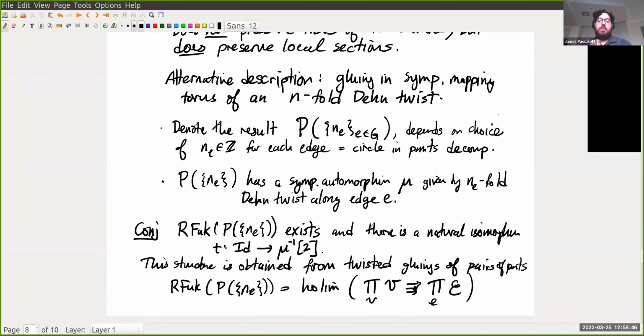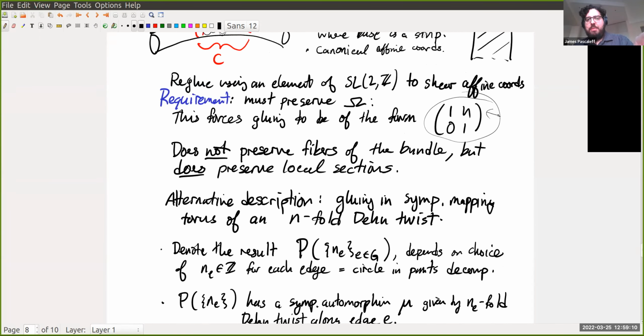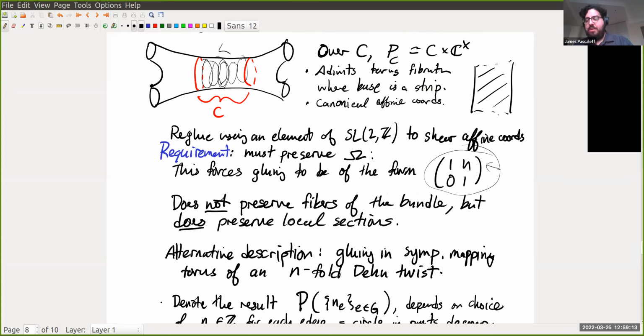So you can denote the result by P of n_E. In other words, I do this kind of shearing, one at each edge of a pants decomposition, for some different numbers n_E. This P of n_E is then going to have, I claim, a symplectic automorphism given by the n-fold Dehn twist, locally lifted to the re-glued manifold.